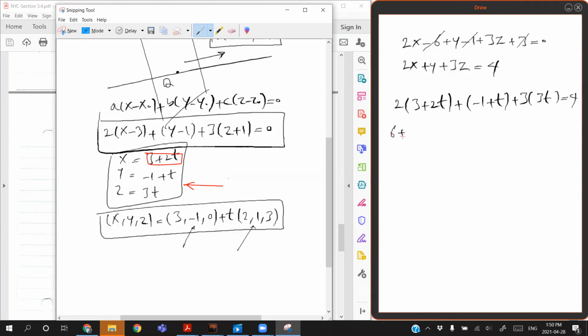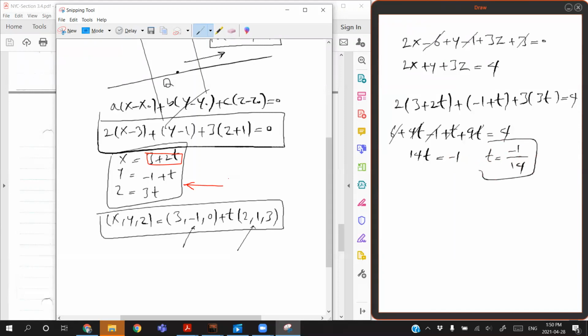We get 6 plus 4t minus 1 plus t plus 9t is equal to 4. So that means 14t is equal to 4 minus 5, that's negative 1. So t is negative 1 over 14.